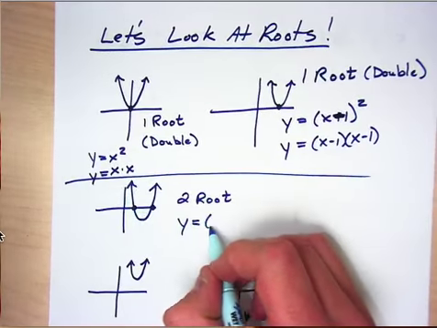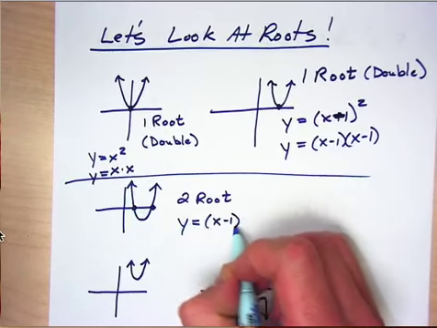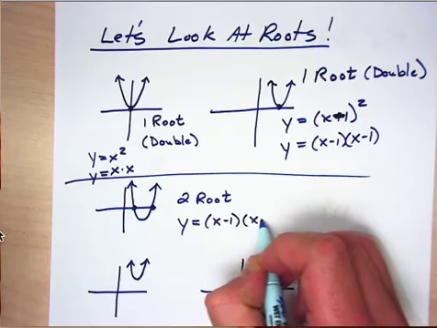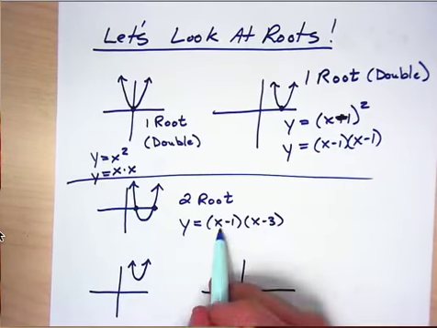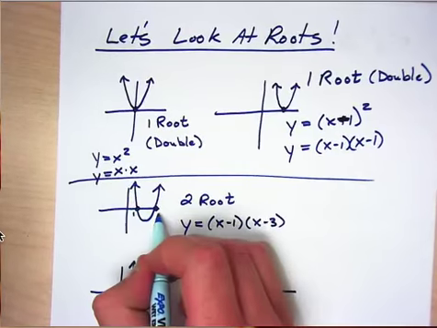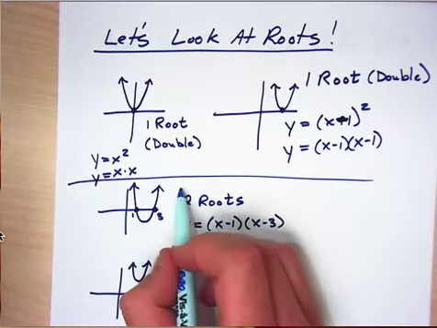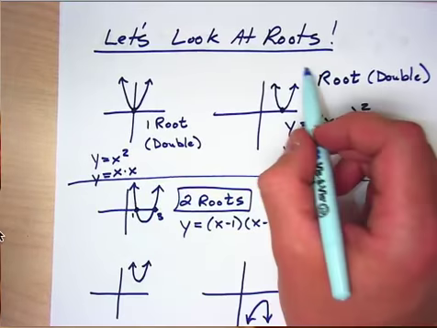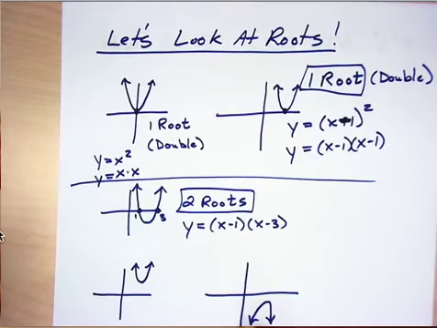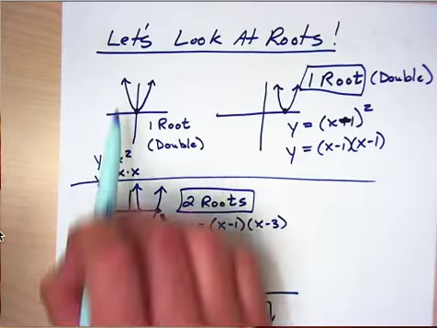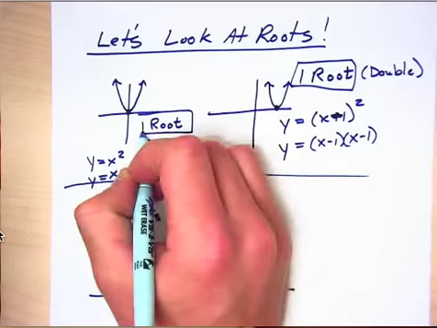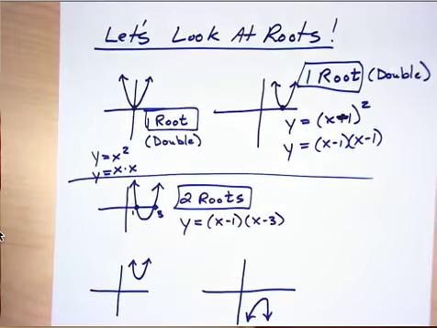For example, if this was something like x minus 1 times x minus 3, I would have roots at positive 1 right here and positive 3. So this one has two roots, and this one only has one. So to have one root so far, we would say that this is one root, a double root on the x-axis.